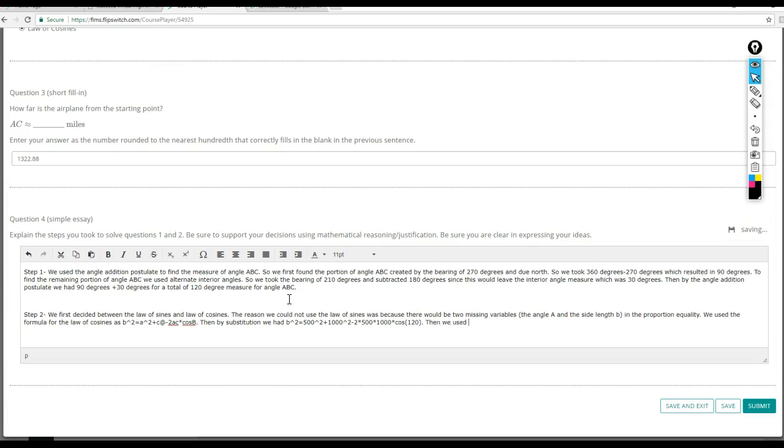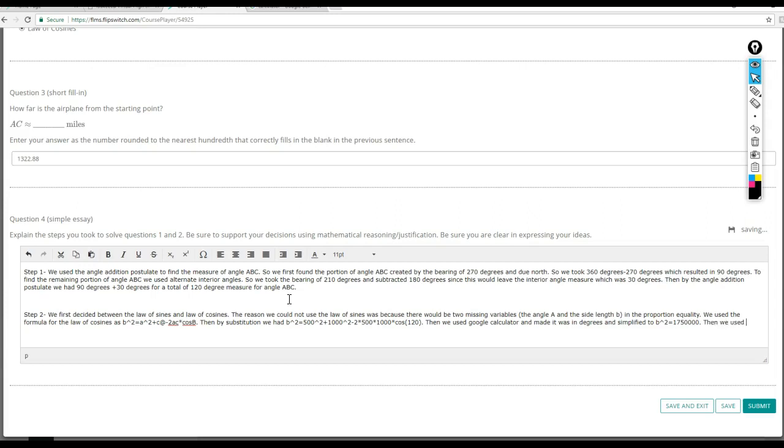Then we used a calculator and made sure it was in degrees and simplified to B squared equaling 1,750,000.